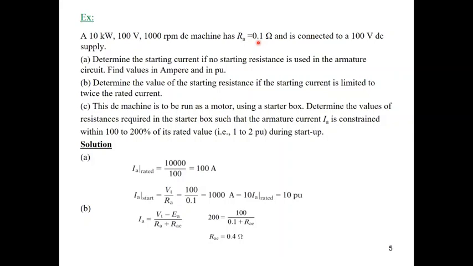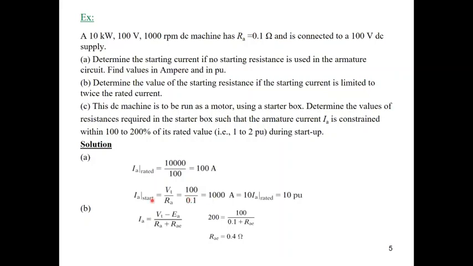If the machine rating is very high, it's expected to have high current. The conductor cross section of the winding of the machine will be a high cross section area, and at that time the resistance will be small. However, for low rating machines, we expect small current and small cross section, so the resistance will be high. So we can expect low starting current for low power machines and very high starting current for high power machines.